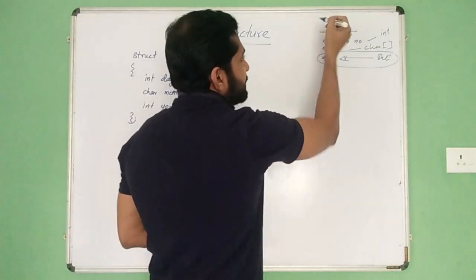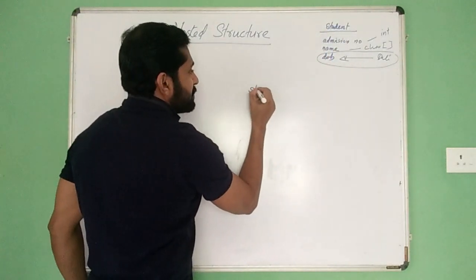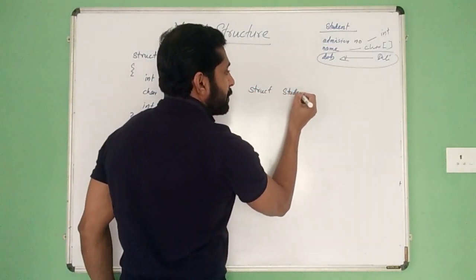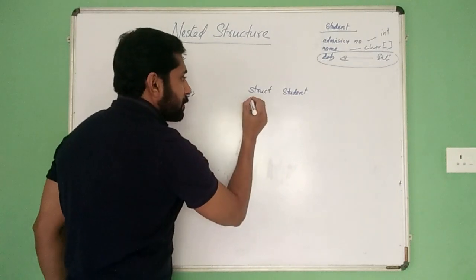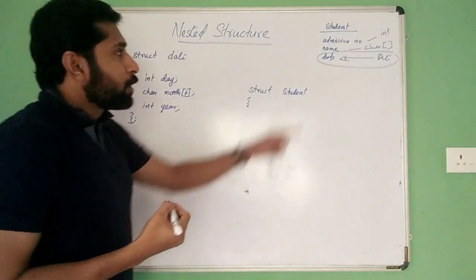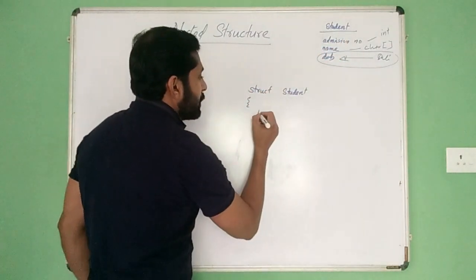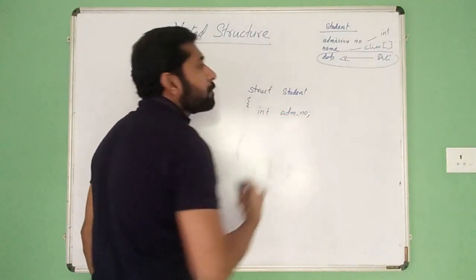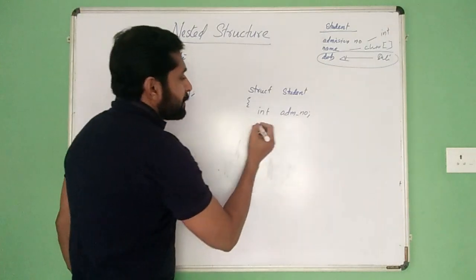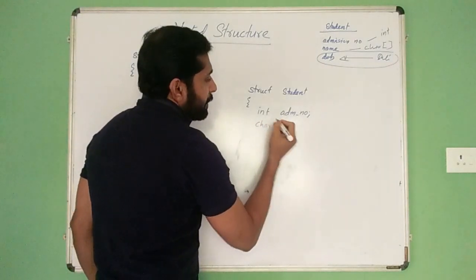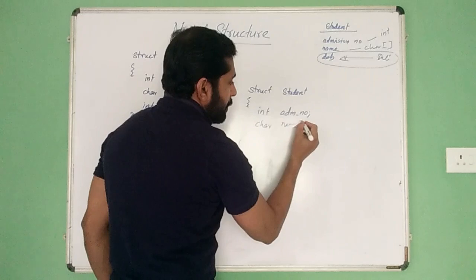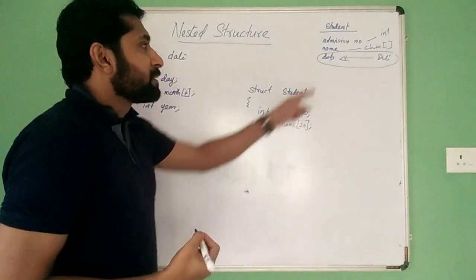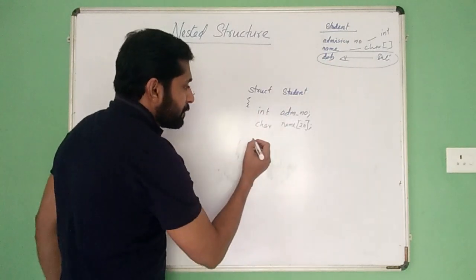So we are going to create struct student, and we are going to write the elements: integer admission number, then char name of say 20.